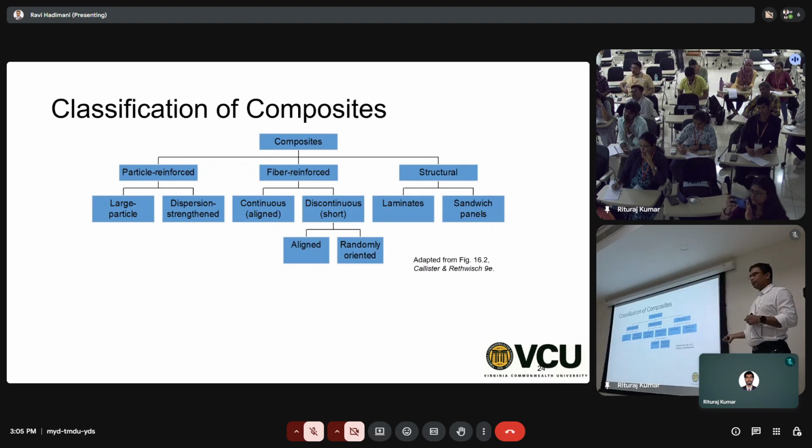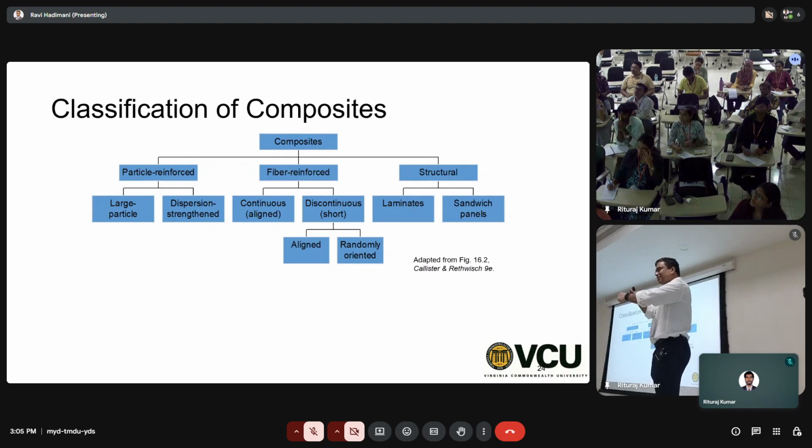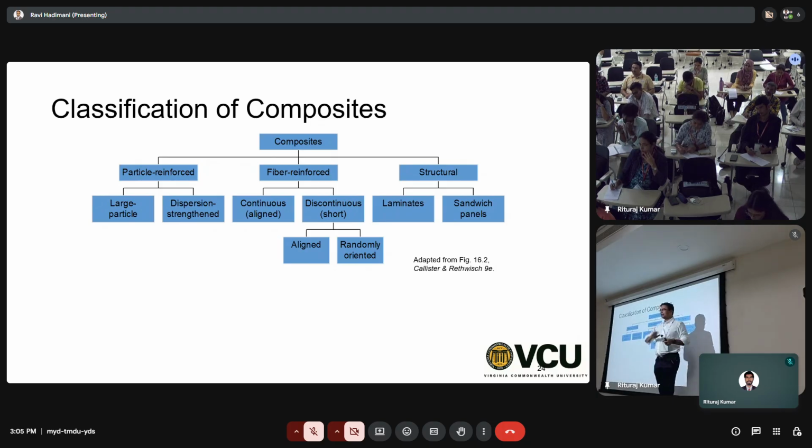So which one do you think will have higher strength, aligned or randomly oriented? I beg to differ. Randomly oriented will have better strength because when you try to break it, small cracks can propagate alongside the aligned fibers, whereas in randomly oriented, each fiber is stopping the crack propagation.